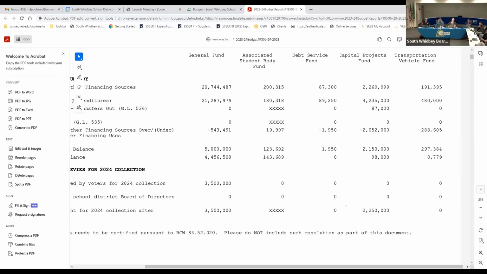So the state says, well, you can't do that. That wouldn't be fair to the districts that can't raise funds. So we're going to limit you to a dollar amount per student, roughly $3,000 per student. So we take the number of students we have and say we have 1,000 students, $3,000, we can generate $3 million in levy property taxes.